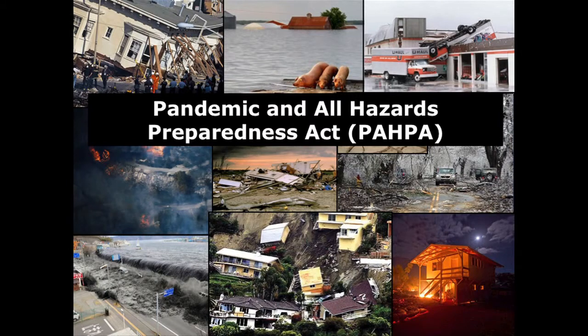The Pandemic and All Hazards Preparedness Act of 2006 was intended to improve the nation's health and medical preparedness and response capabilities, whether deliberate, accidental, or natural. Through this legislation, a new position within the Department of Health and Human Services was created. This new position is called the Assistant Secretary for Preparedness and Response, or ASPR.